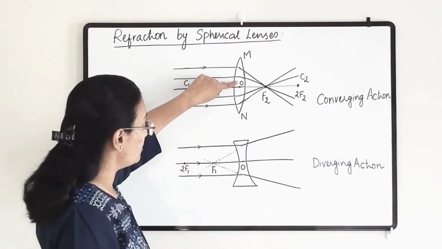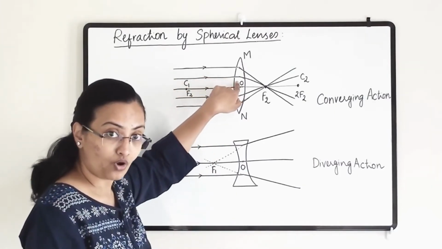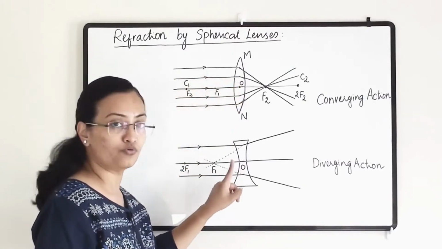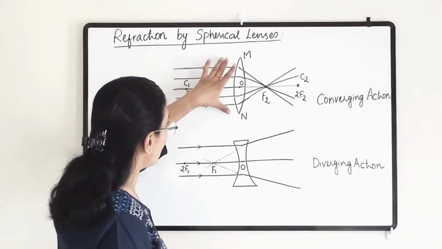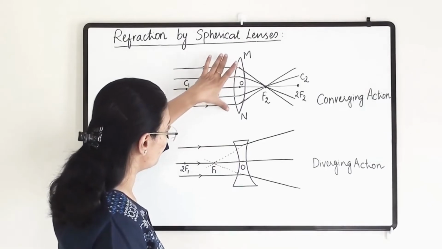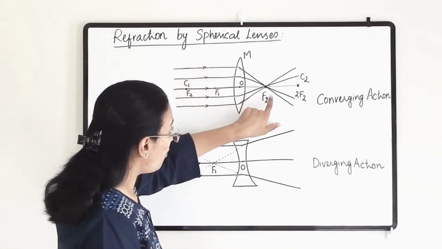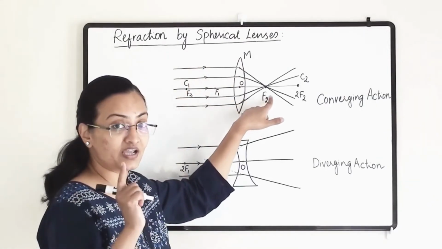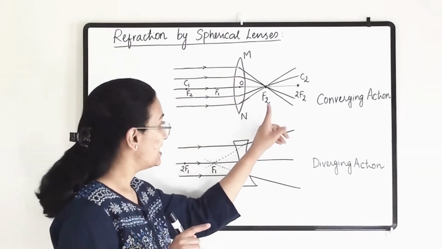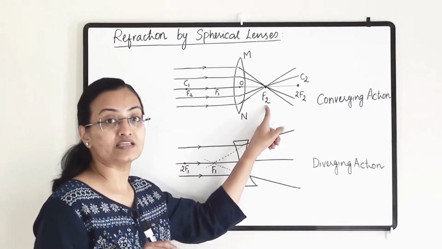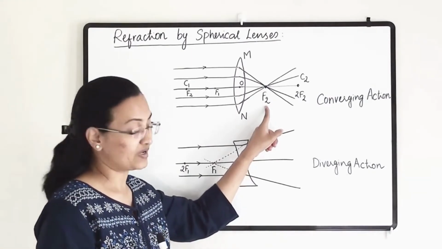So here O is the optical center for the convex lens, and this is O for the concave lens. When parallel rays fall on one surface of the convex lens, all those rays converge at one point on the other side of the lens, known as the principal focus of the convex lens.